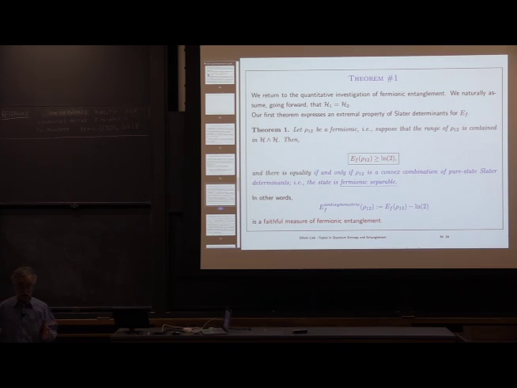But I want to think of this as being in the Hilbert space H tensor H. I'm just looking at a special subspace, namely the antisymmetric vectors in this space. But the space itself is just two copies of the same Hilbert space. And I compute the fermionic entanglement following the entanglement of formation, following the definition.